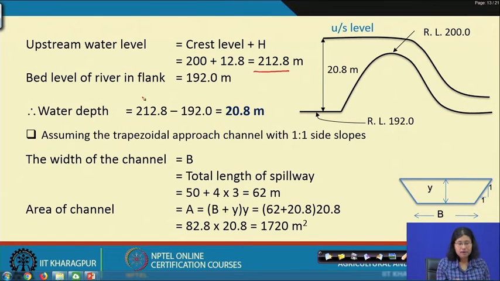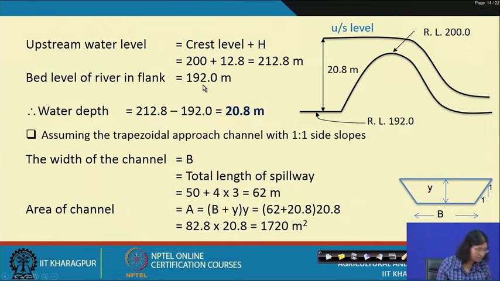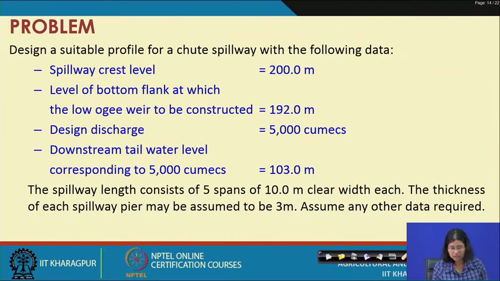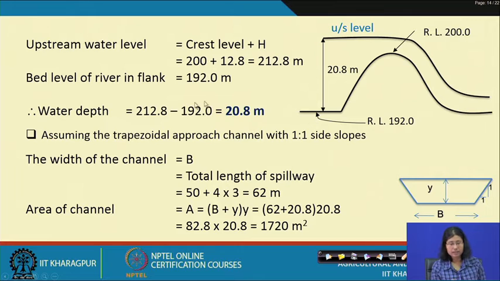Now, the bed level of river in a flank is given as 192 meter in the problem. The level of bottom flank at which the low ogee weir is to be constructed is 192 meter, so we plug it here. The total water depth is the subtraction of the upstream water level minus the bed level of the river flank, which comes out to be 20.8 meter.